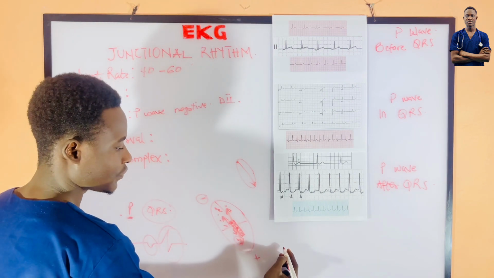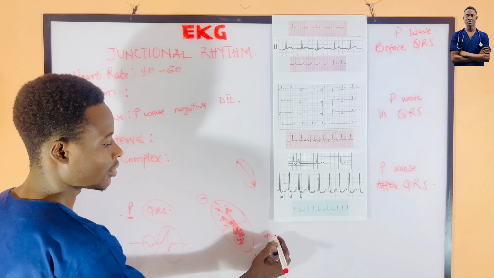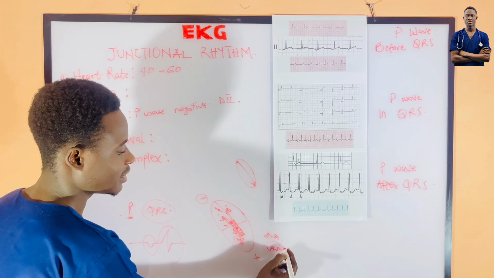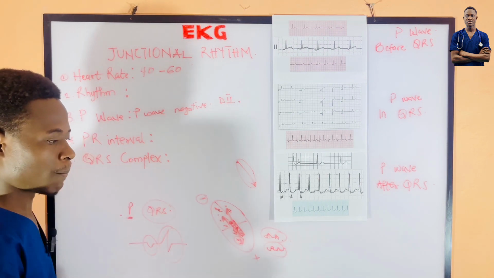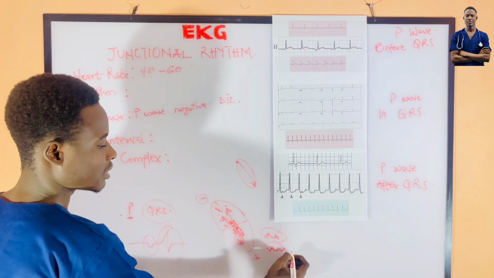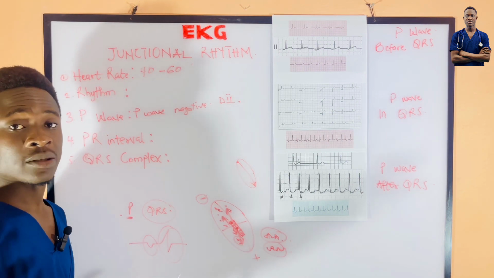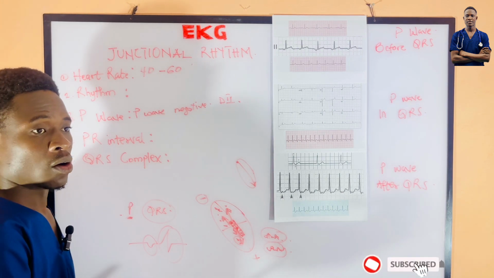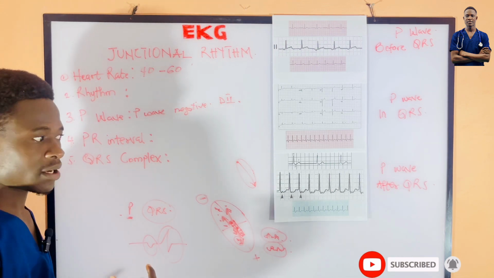The atria depolarization and the ventricle depolarization, they are not the same. You see, the ventricles undergo the contraction and the pumping of the heart, and because of that, it has a thick myocardium. Do you understand? It has a thick myocardium.